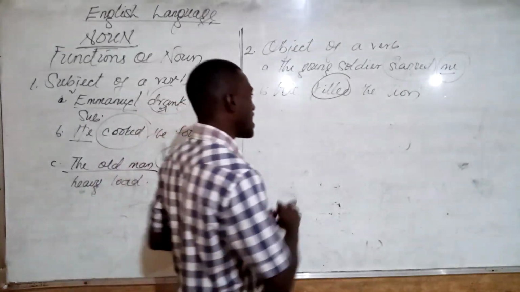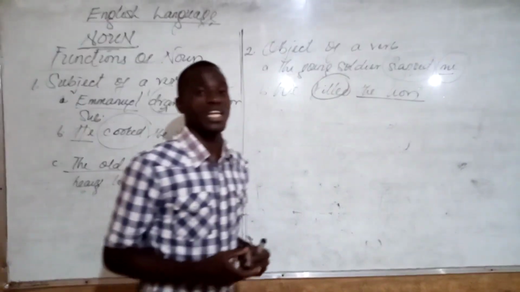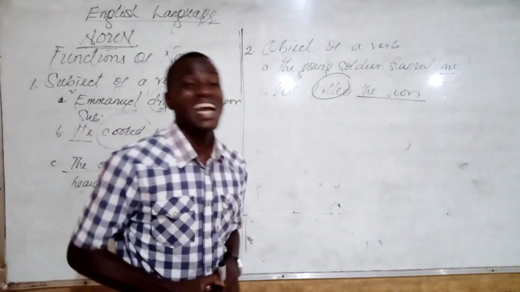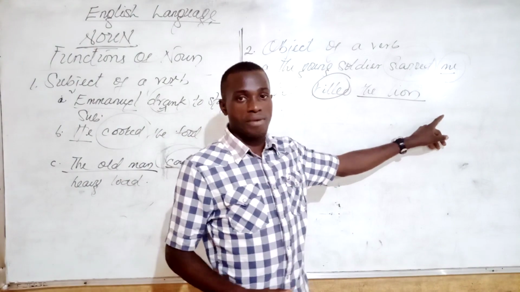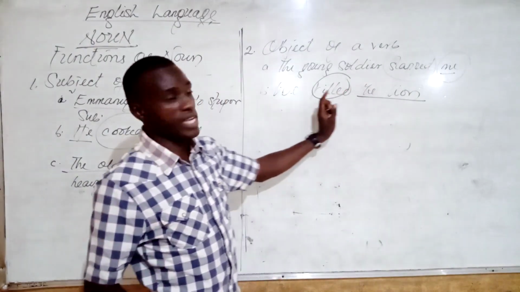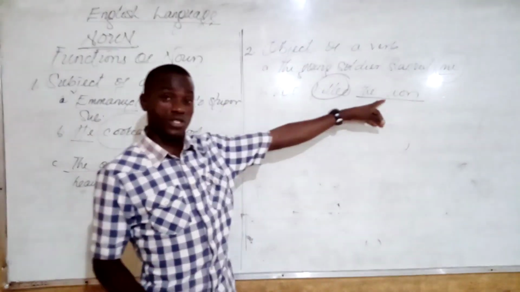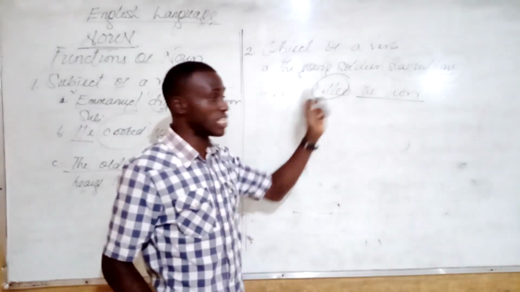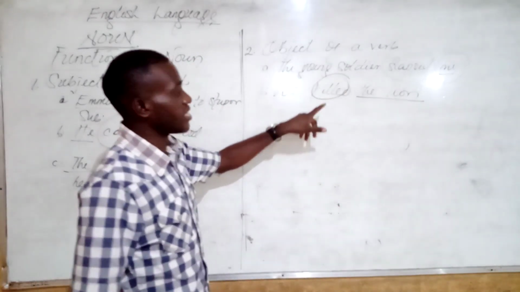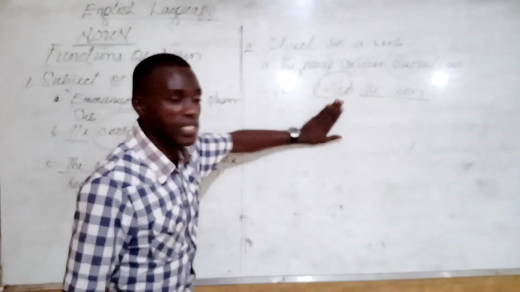And here we have the lion after the verb. So the lion here is going to be our object, our noun as object of the verb. But because there are two words here, it's going to be a noun phrase as well. The lion is a noun phrase standing as the object of the verb killed.